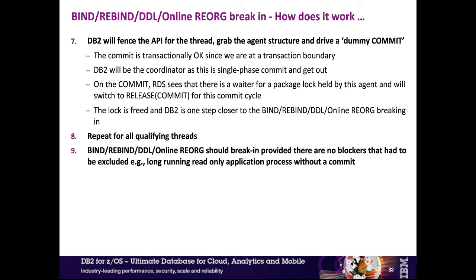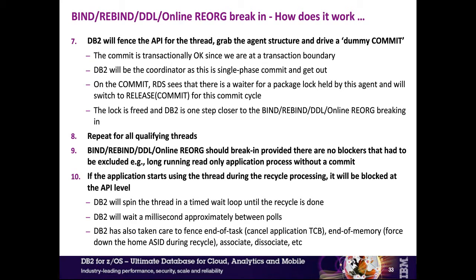But assuming everything is okay, through the recycle processing, the APIs are blocked, and DB2 will spin on the thread in a time loop until the recycle is done. The application will wait approximately a millisecond between polls, and DB2 will also take care of abnormal conditions like cancelling application TCBs or end of memory.